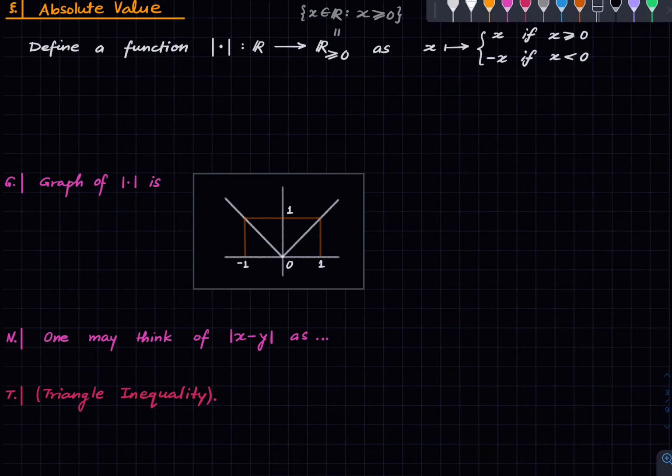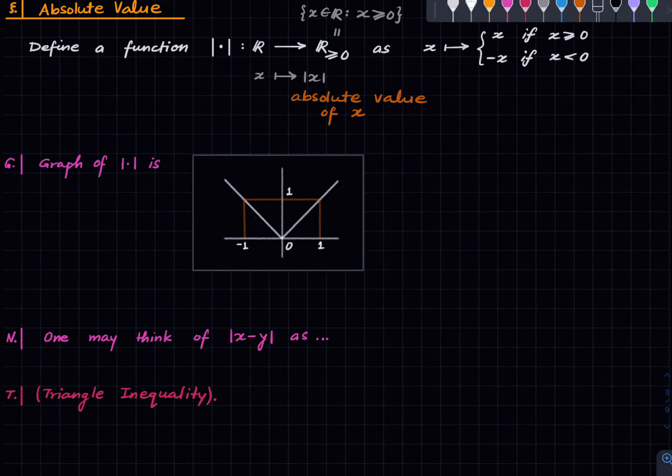All right. So in notation, this is x going to that thing, and this is called the absolute value of x. Okay. You can think of it as measuring the size of x. All right, so enough about that. And here is one way to visualize it.